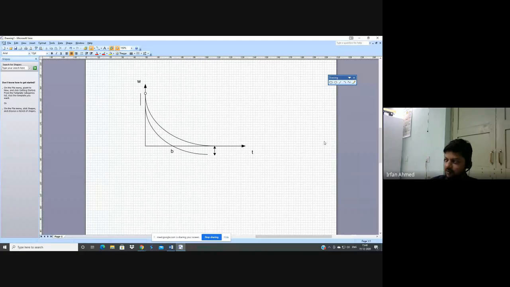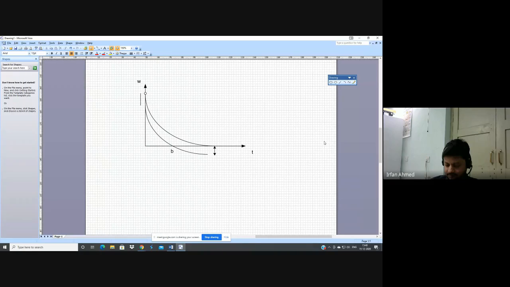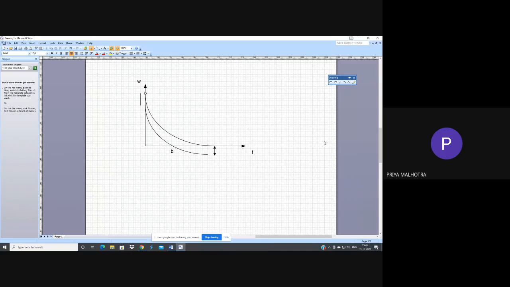Is it possible with dynamic braking? No, sir. Rheostatic braking, no. Sure? Yes, sir. We actually remove the supply and we connect the external resistance with our armature. Negative speed is not there.